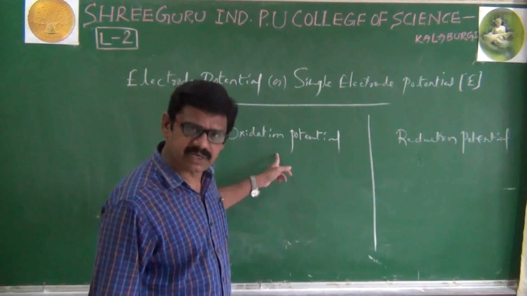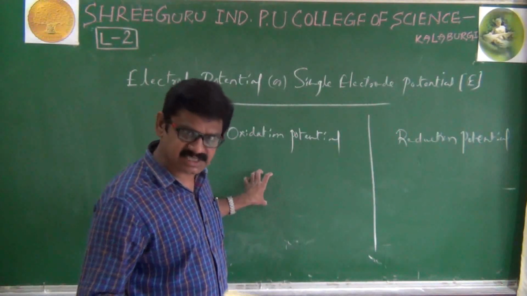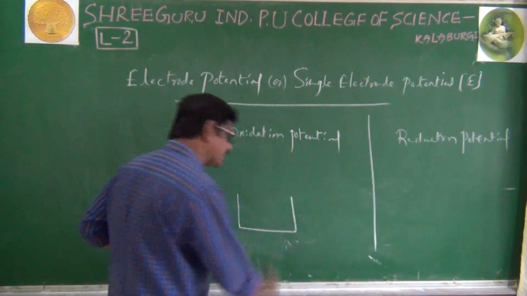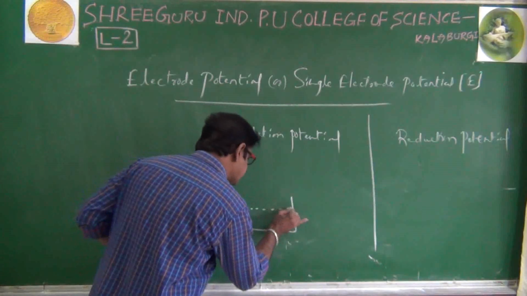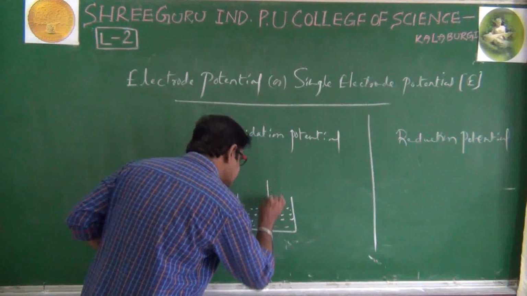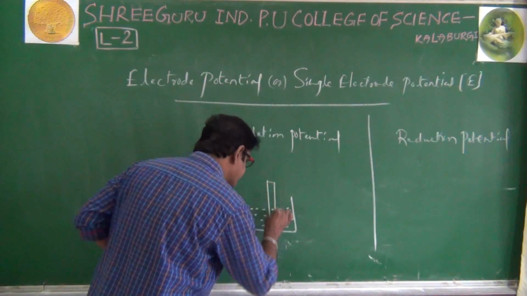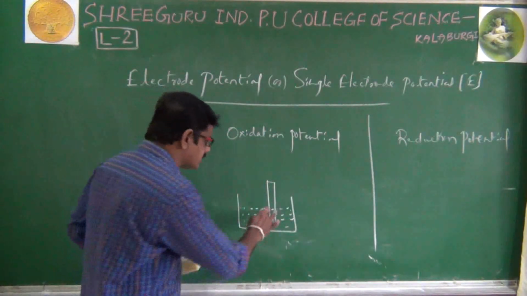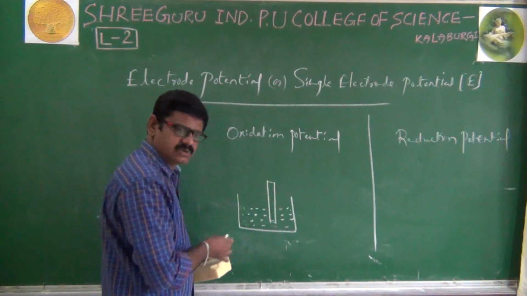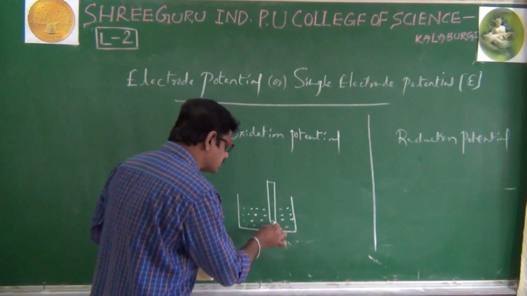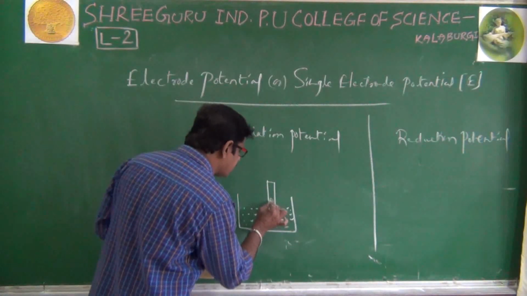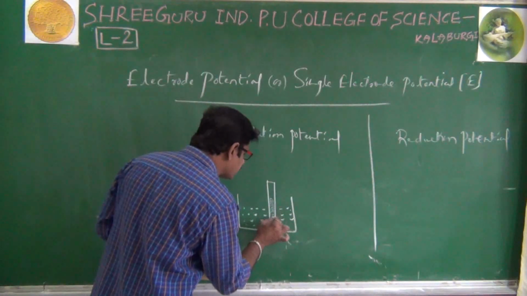For that, we have to recall our Daniell cell construction once again. In the Daniell cell, we took a zinc electrode on the left side, so we will take the same zinc electrode here. A zinc sulfate solution is taken, and a zinc rod is dipped in it. The process, as you already know, is that Zn is converted to Zn plus 2, and the electrons that are lost accumulate on the zinc plate.